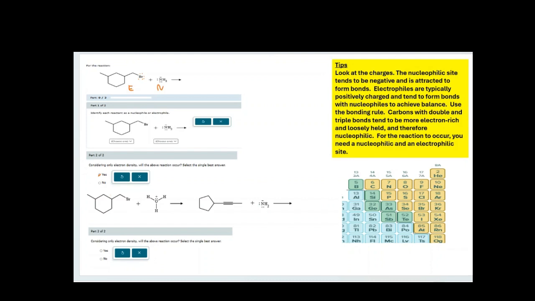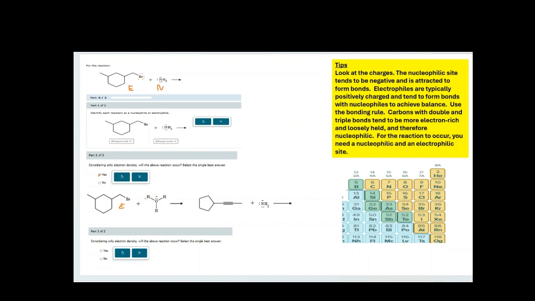So we've already gone over the rules of this bromine attached onto the carbons, having all the bonds it needs, pretty much balanced. And if anything, it wants something to latch onto it, with it being electrophilic. So we can just write E right here. And then with the hydronium, again, it's positively charged.